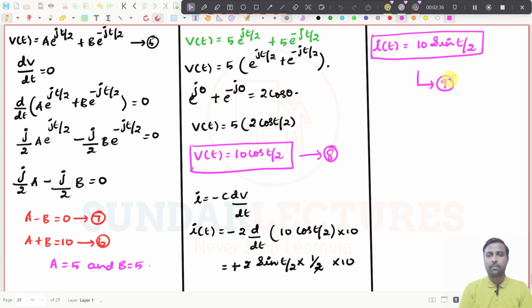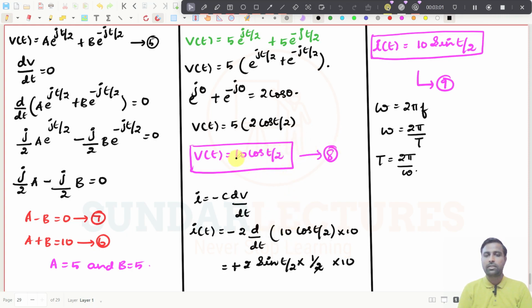I make this expression number 9. And you see one thing, what is the value of omega? We have seen these kind of things under AC. Omega is equal to 2 pi f, and f is 1 by T, so omega can be written as 2 pi by T, and T can be written as 2 pi by omega. And what is omega here? In both V of t and I of t, omega is 1 by 2, right?